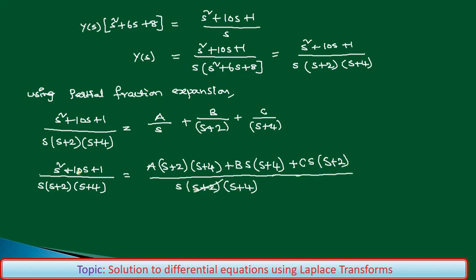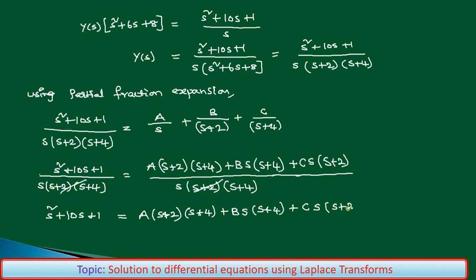Now the numerator is different and the denominator is same on both sides, so we'll cancel this denominator. So this expression becomes s² + 10s + 1 equals A into (s + 2)(s + 4) plus Bs(s + 4) plus Cs(s + 2).